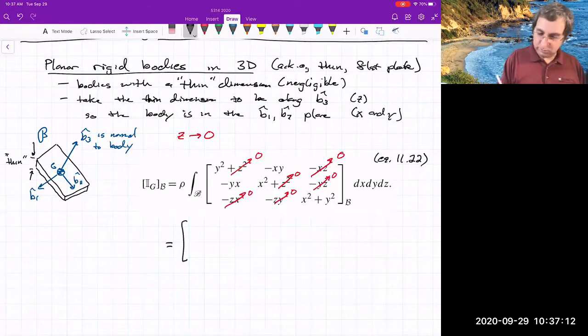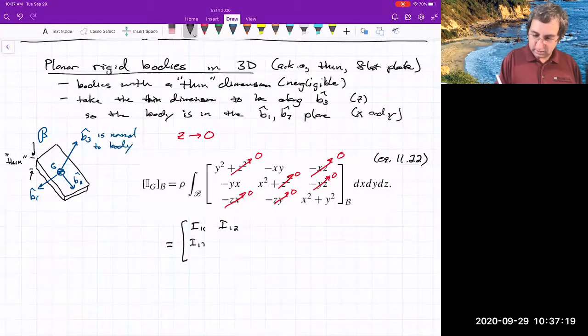What will we be left with? We'll be left with I11, I12, and, this is a symmetric matrix, I22, I33, and the rest of these are zeros.